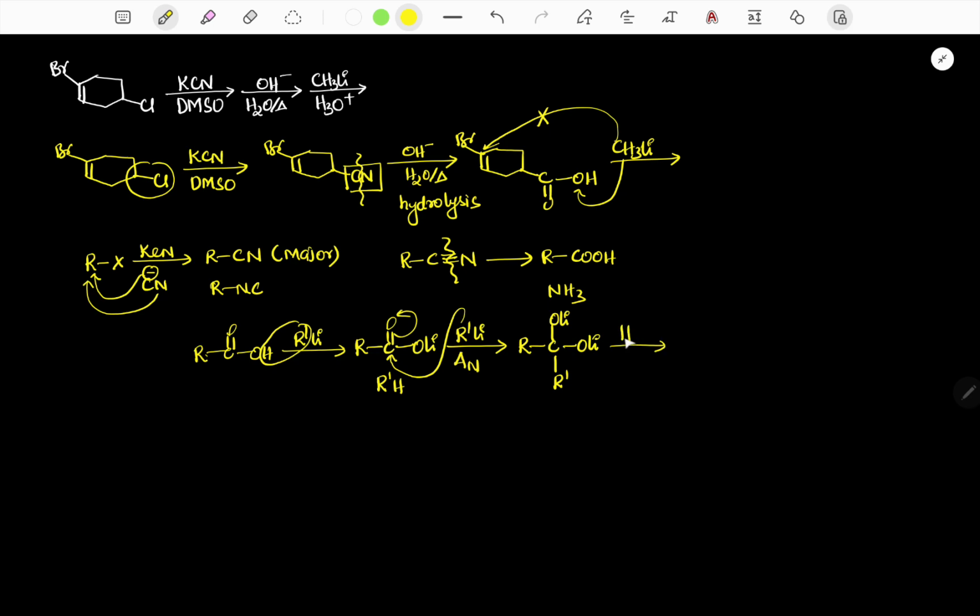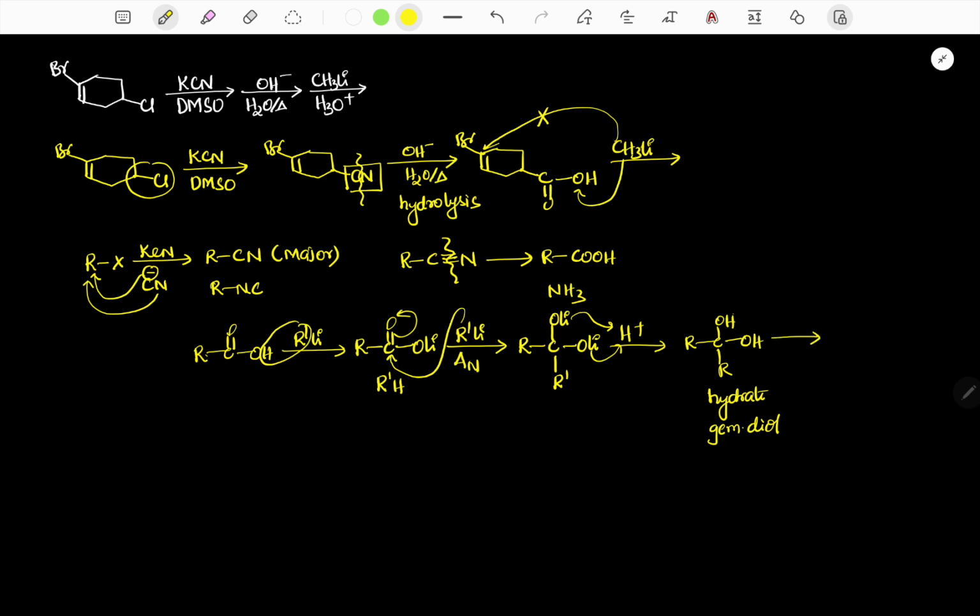Now by adding H plus, O minus takes the proton and forms the corresponding hydrate form, and also geminal diol.